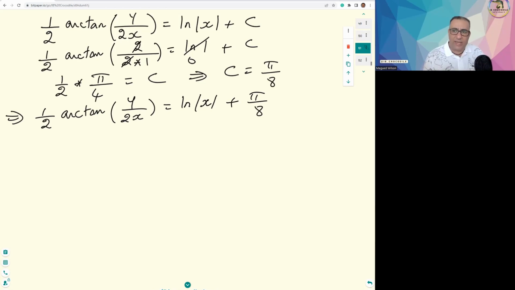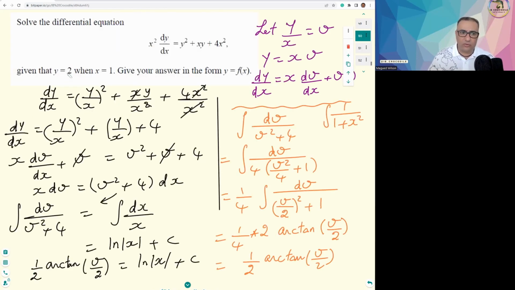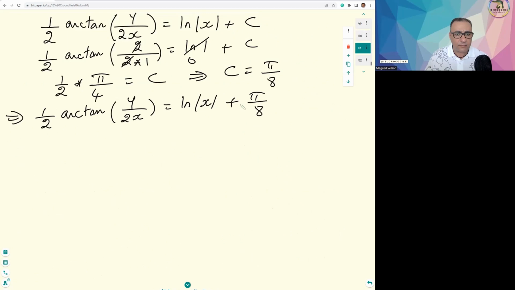If we didn't have the initial condition, y equal 2 when x equal 1, you would keep the constant, and what you get is called the general solution. But here we have a particular solution of the differential equation because we know certain conditions and we applied them to find the constant of integration.